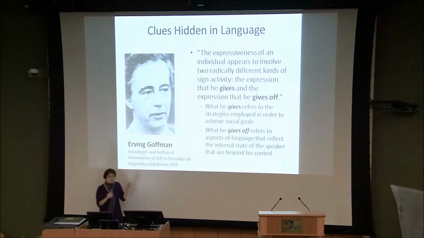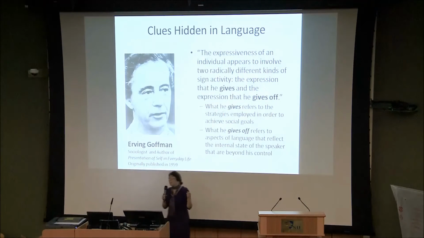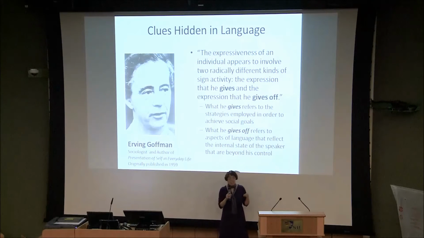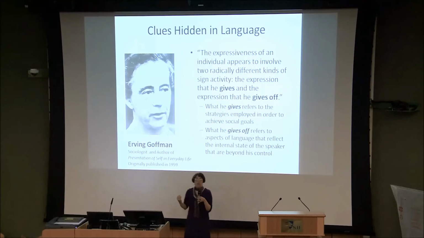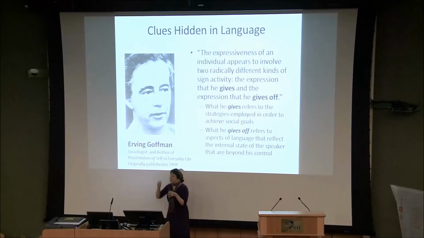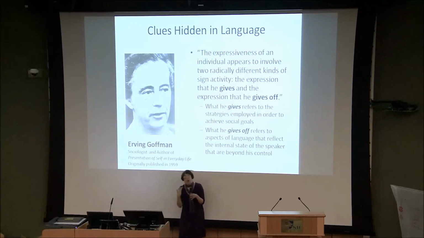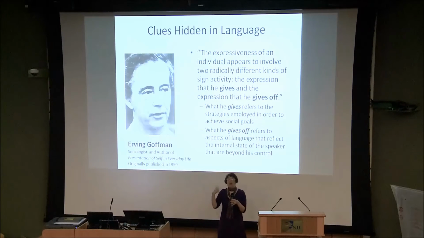I just want to mention, how many of you have heard of Erving Goffman before? You probably didn't expect to hear about Erving Goffman in this analytics talk, and yet I find his work fascinating and incredibly relevant because he talks about how it is that when people interact through language, they make choices intentionally to present themselves in a particular way, but there are also choices that are subconscious that give off things about ourselves that aren't part of what we're intentionally trying to project.